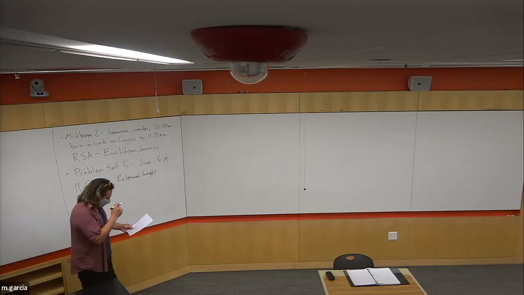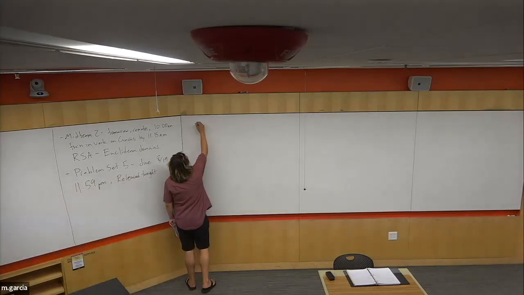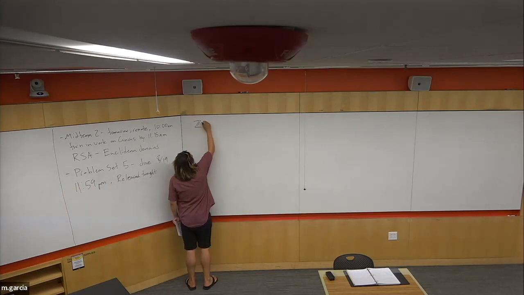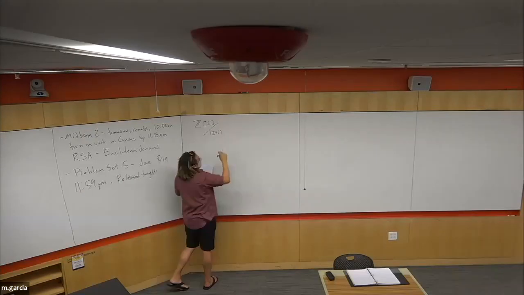Let's remember what we were doing yesterday. We were looking at this quotient ring, Z adjoin i mod the ideal generated by 2 plus i.